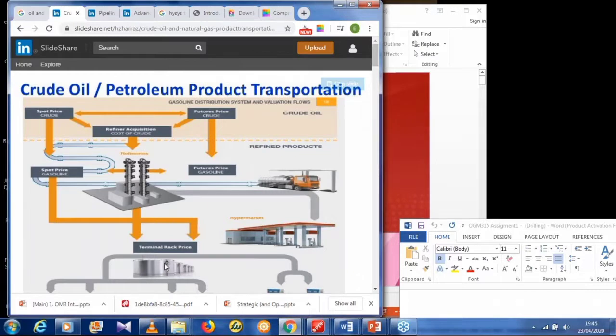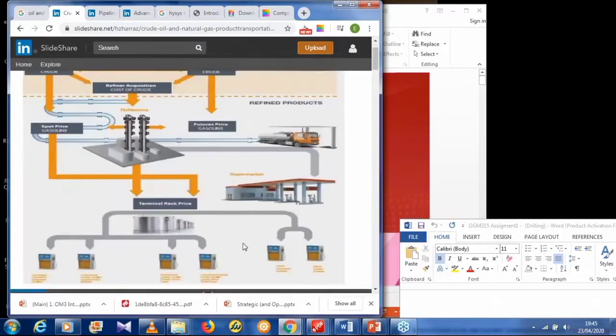Some bigger depots already have a transmission line laid out through pipeline that connects them to the refinery. Or in some cases, they receive products through vessels. Some of those big ships that carry petroleum products go to the jetty, deliver at the jetty, and then from there we have it dispensed at filling stations.